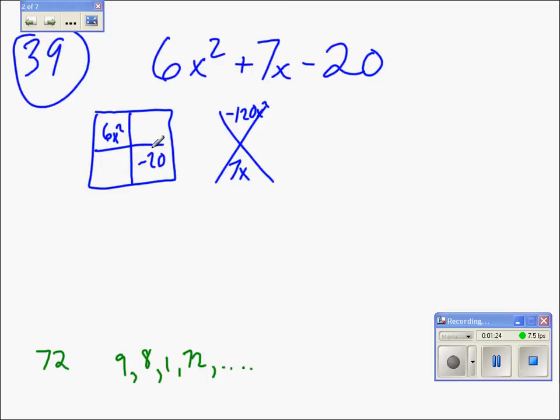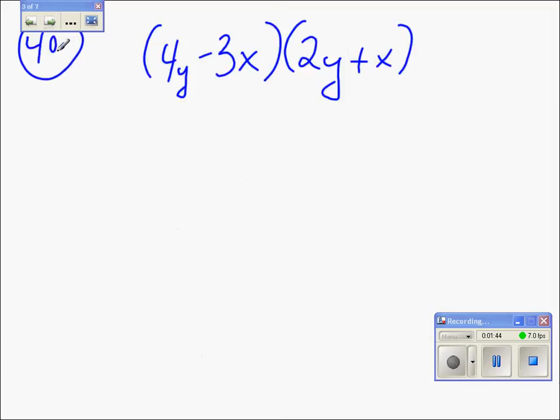So now you need to pick the two values in here that multiply to be negative 120, add to be 7x. Afterwards, you'll pull values out, and you'll get two sets of parentheses. Okay, if you need more details on that one, just go to HotMath, or if you're sitting here, check with your neighbor.